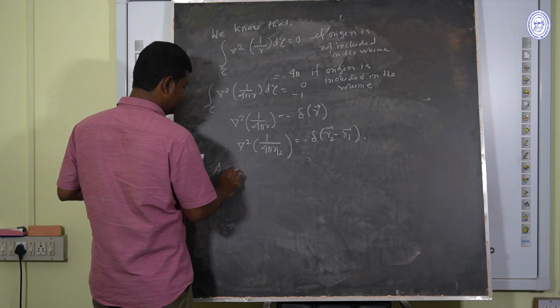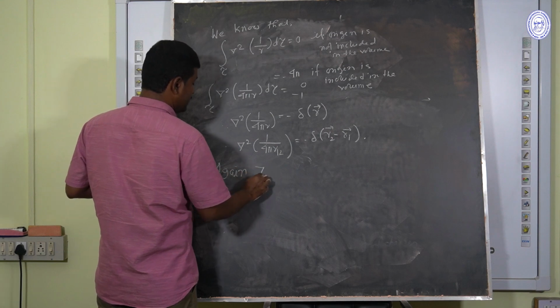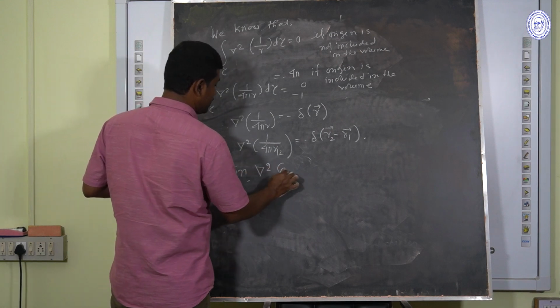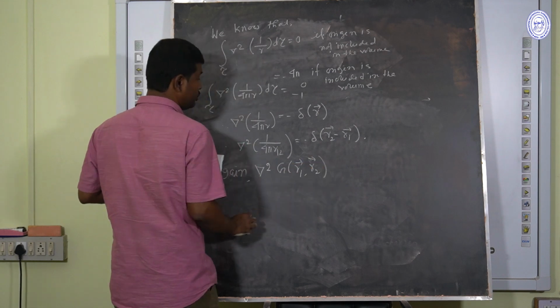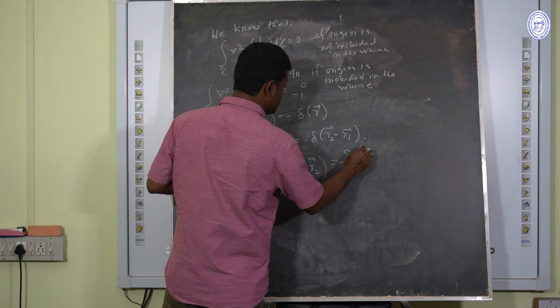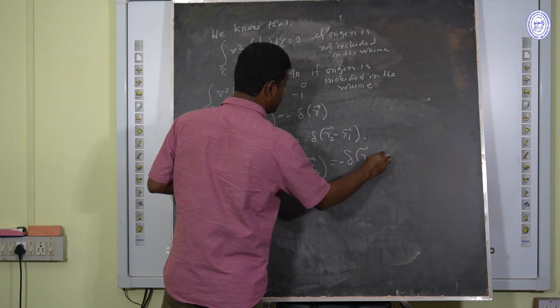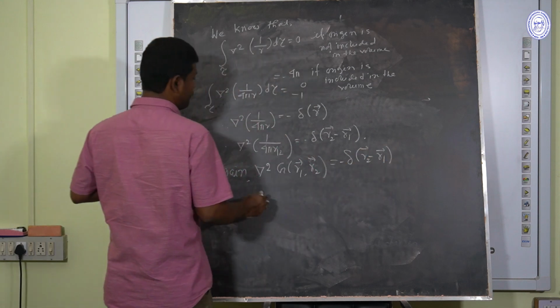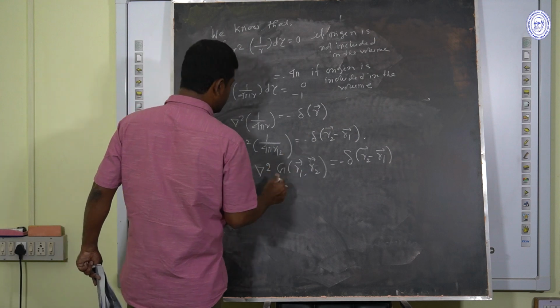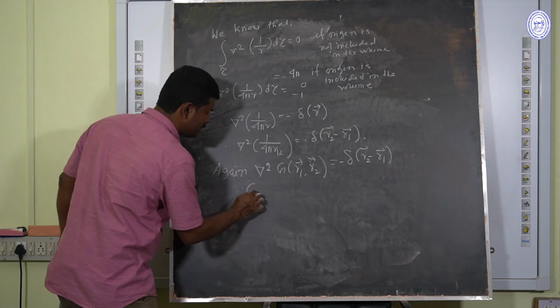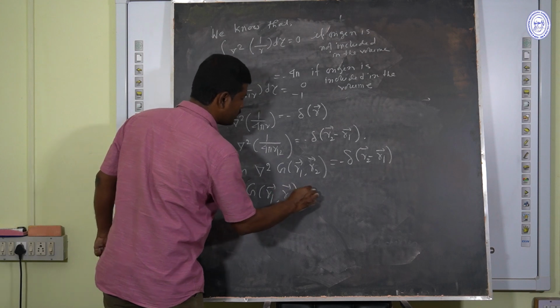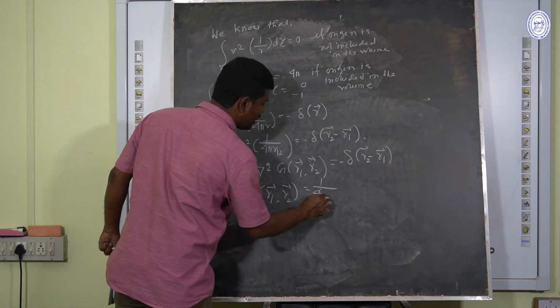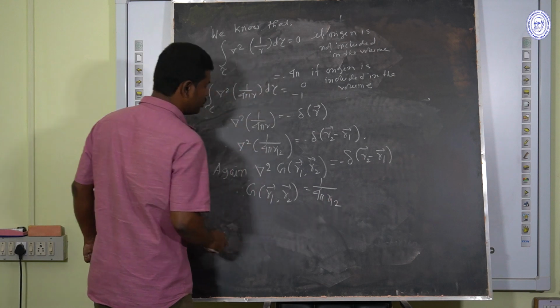Again, we know that the Laplacian of the Green's function G(r1, r2) is equal to minus delta of r2 vector minus r1 vector, and comparing these equations we can write the Green's function G(r1 vector, r2 vector) equal to 1 by 4 pi r12.